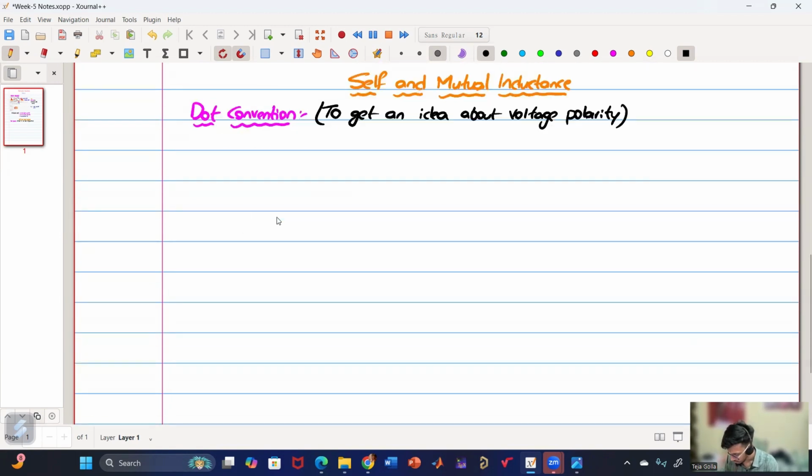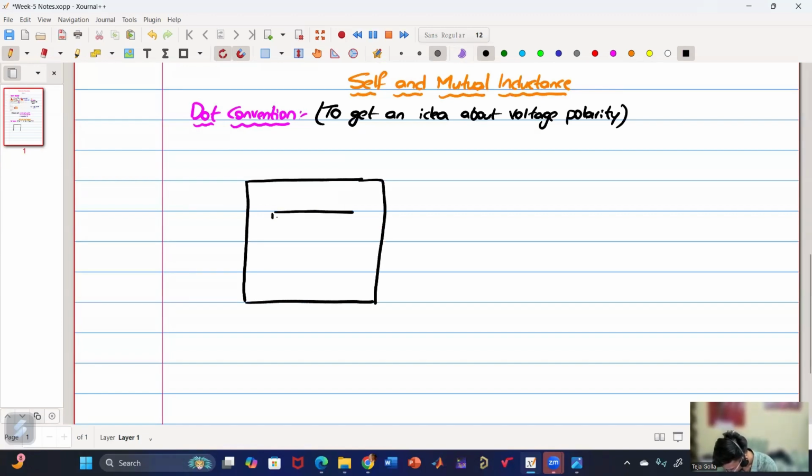But let us take one example. Let us take a core which is something like this, and then say the winding is something like this. This is my input terminal, and I'm considering the current direction to be in this way, I. This is my terminal 1 and 2.